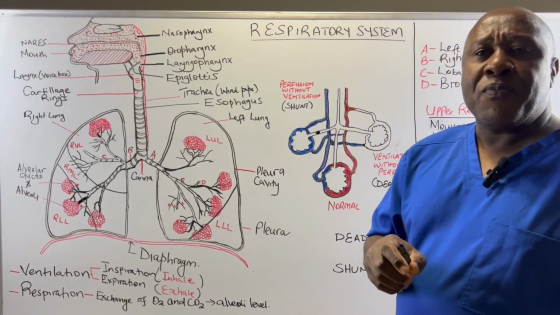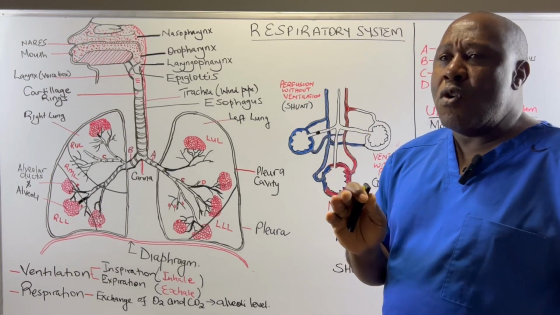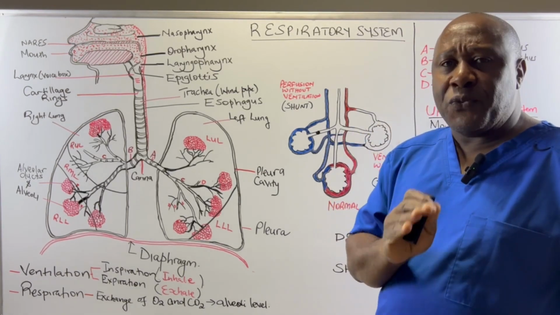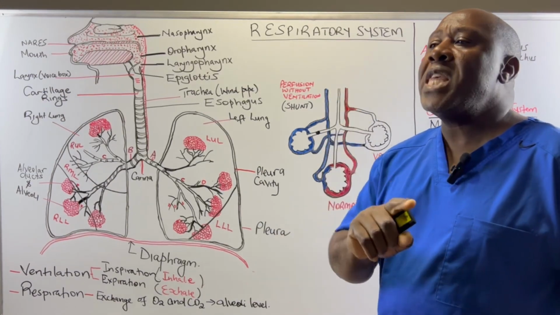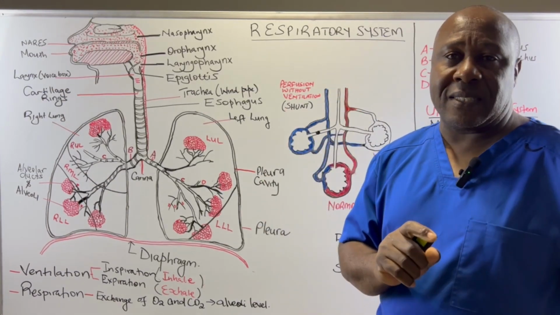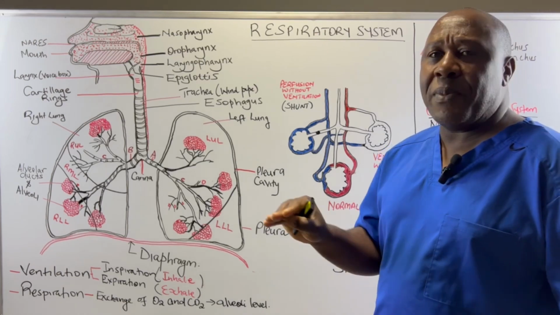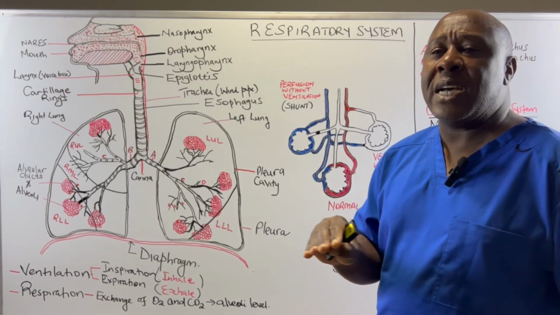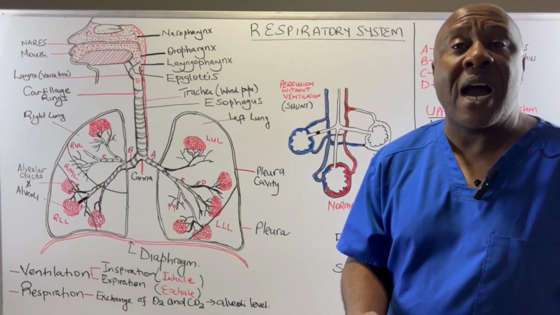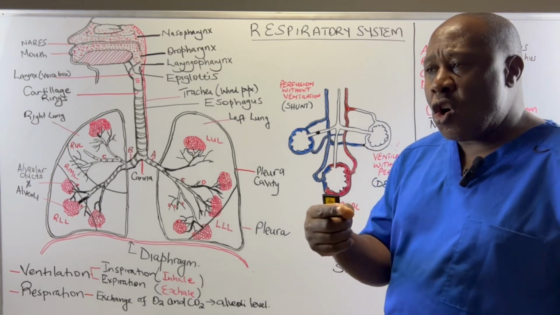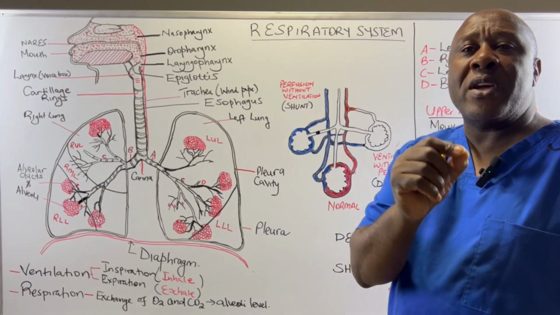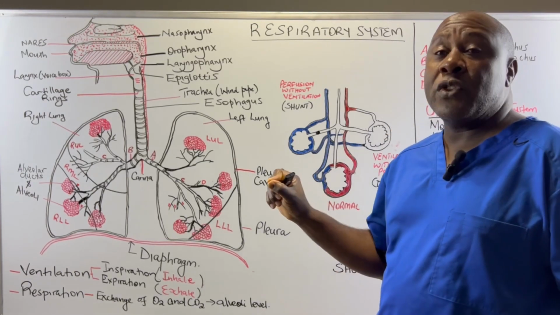Anatomical shunt is blood that moves from the right ventricle to the left ventricle without going through the lungs. In other words, this is blood that does not have oxygen at all. There are some people who might have congenital problems. For example, they might have a hole extending from the right ventricle directly to the left ventricle.